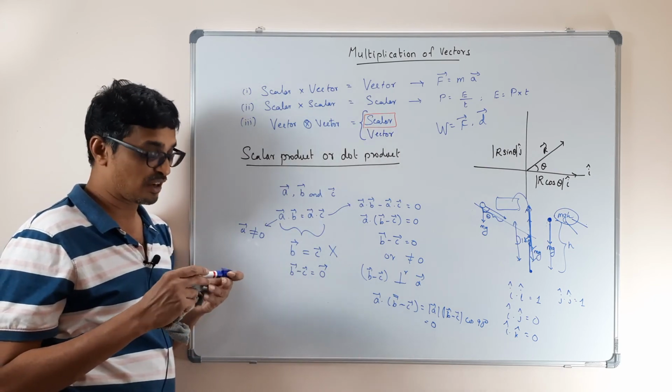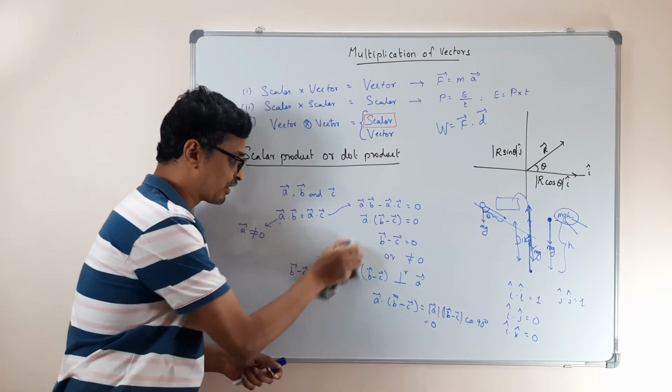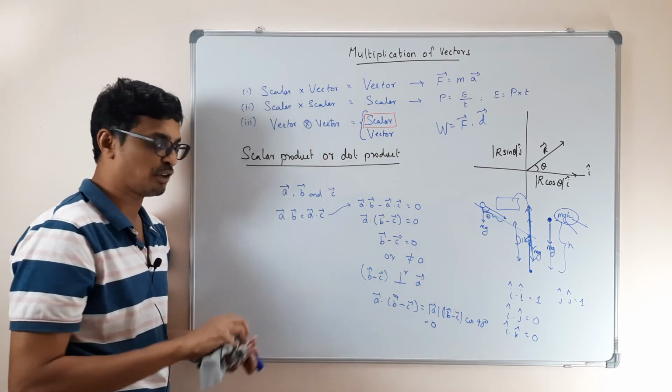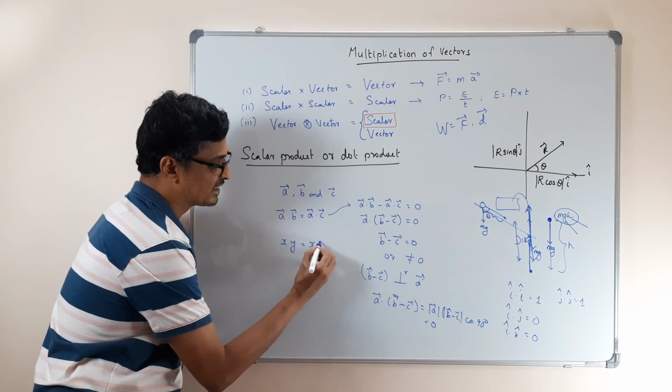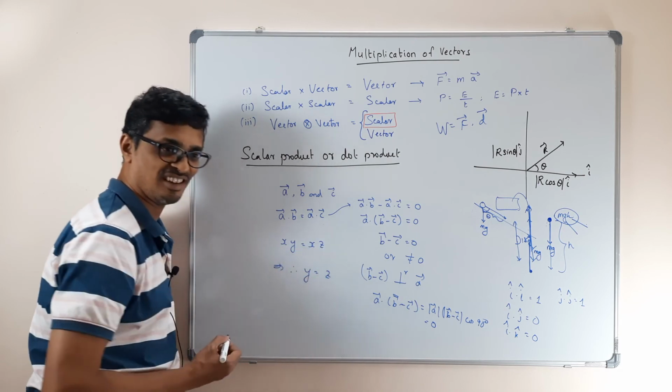So that's the dot product. This is very important. Sometimes it gives a confusion. In a normal multiplicative operation, what do you write? x y equal to x z, and you say therefore y equal to z. Am I right?